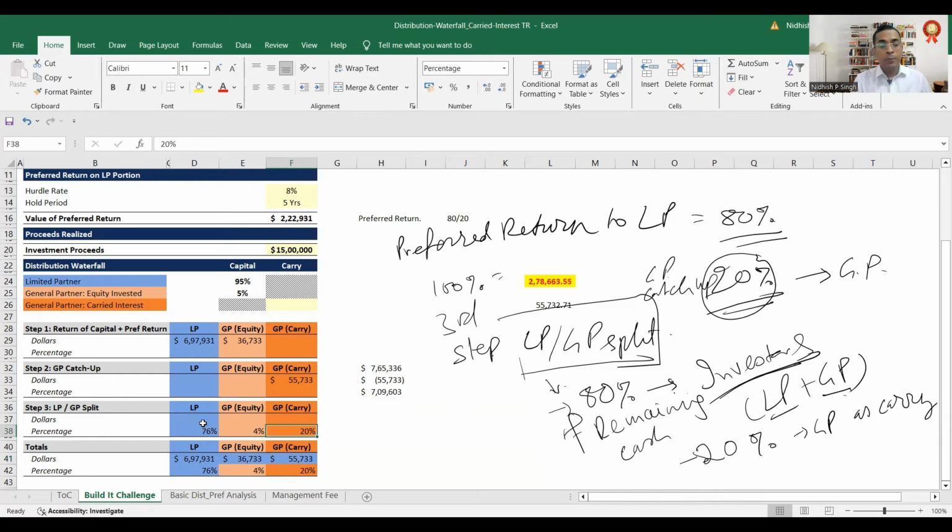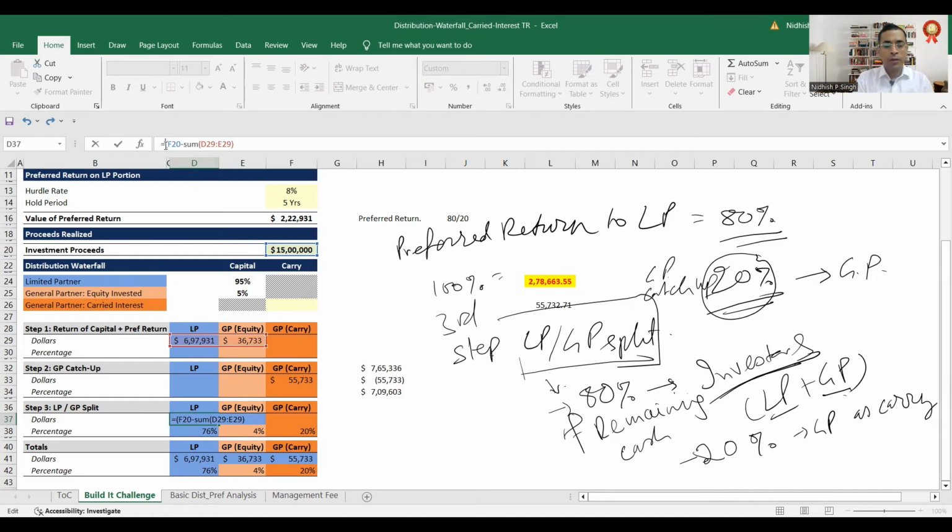So 76% would be given to LP, but of what amount? The balance. So let's take the balance amount and multiply by 76%. So 1500 minus, let me put a bracket so that I can multiply by 76%. So total cash minus the sum of all the preferred return and capital already distributed.